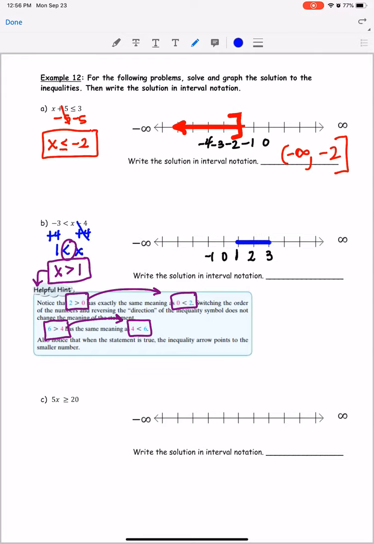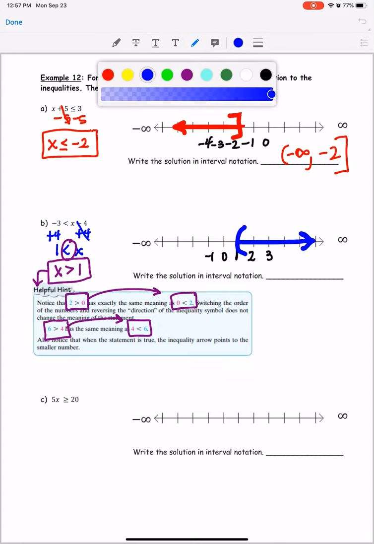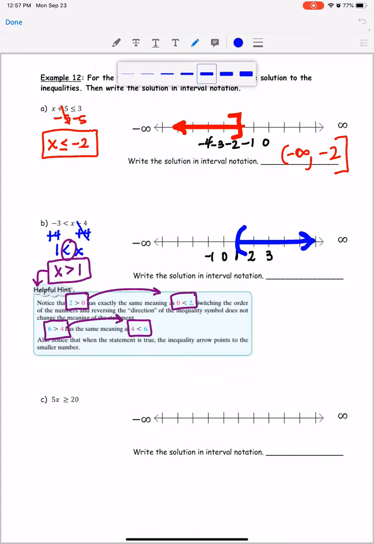So at 1, it's going to the right. You have no bar under it, so it means you've got a parenthesis here. So now, in interval notation, it's starting right here at 1, which has a parenthesis, and it's pointing at the end at infinity, and infinity always gets parentheses as well.